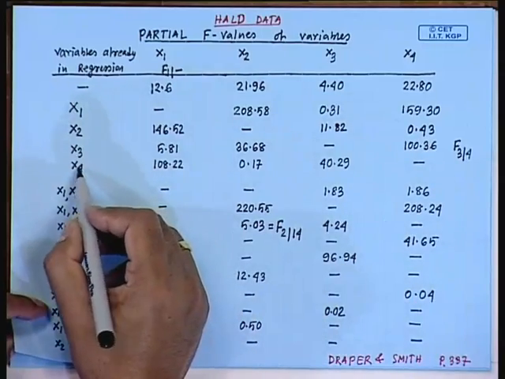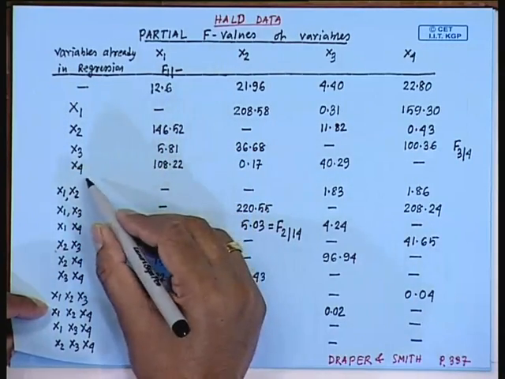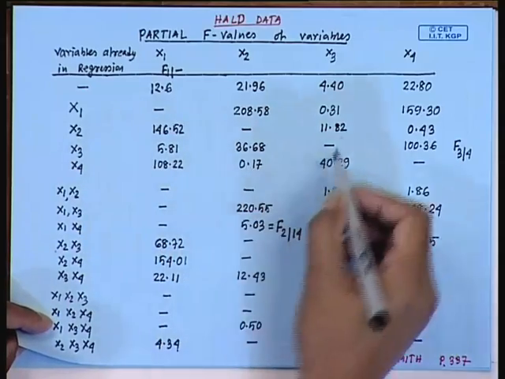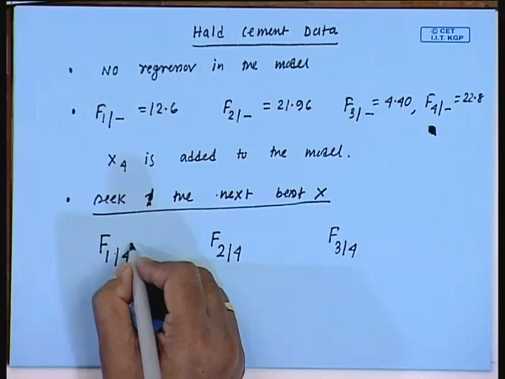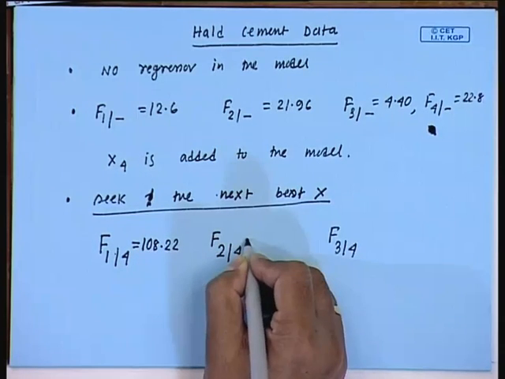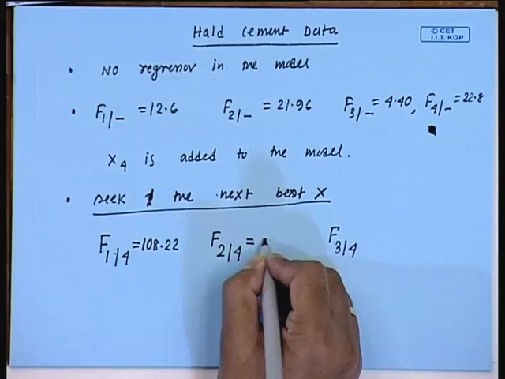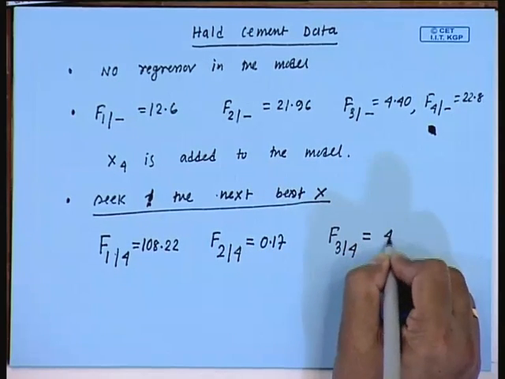So, this one is F1 4, this is F2 4, this is F3 4. F1 4 is equal to 108.22, F2 4 is 0.17 and F3 4 is 40.29.